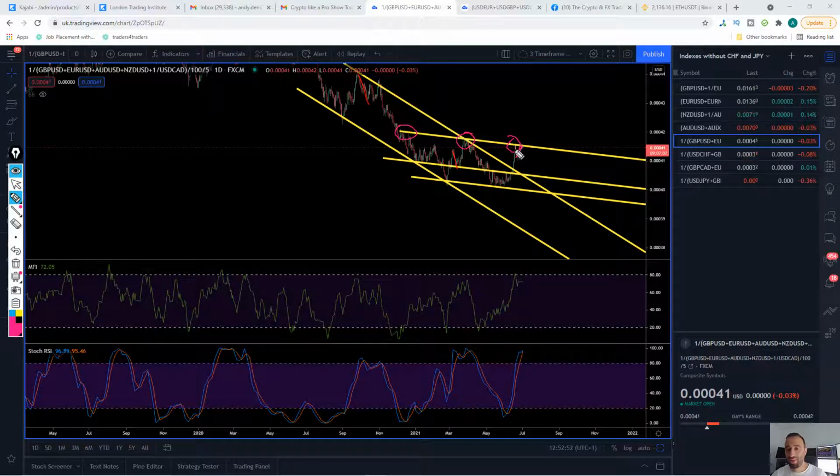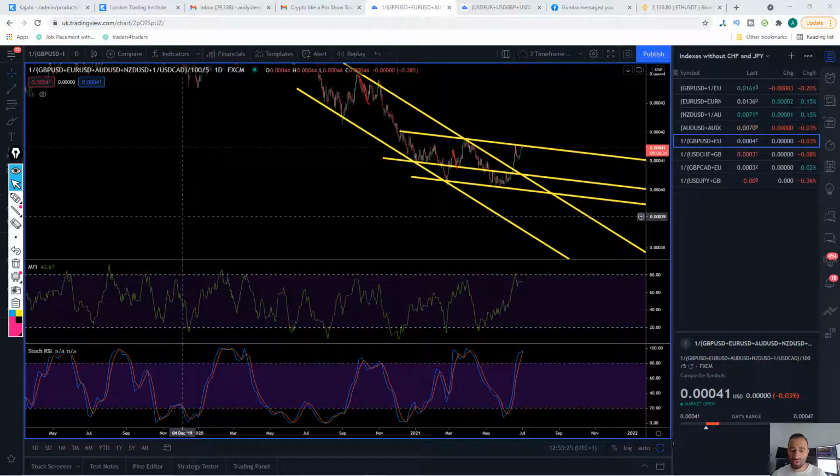In layman's terms, if this price goes down, that indicates the dollar is getting stronger, and if it breaks through here, that indicates the dollar is getting weaker. So if it goes up, it's dollar weakness. If it goes down, it's dollar strength. Okay, so now that's clear.